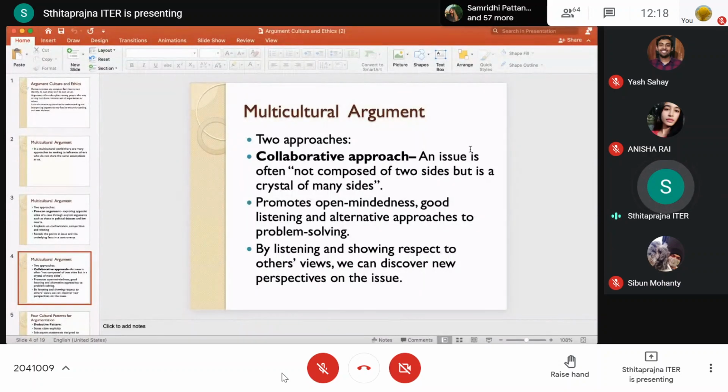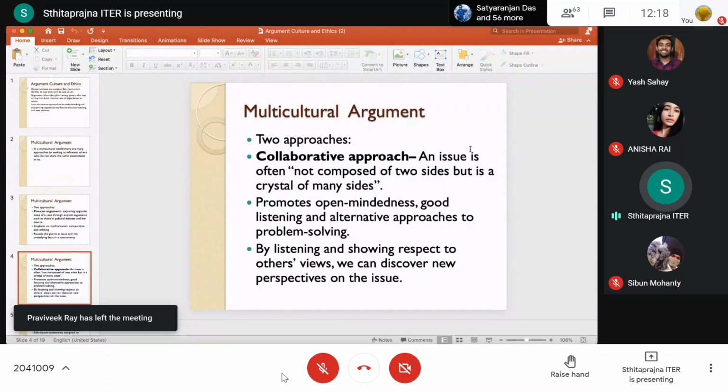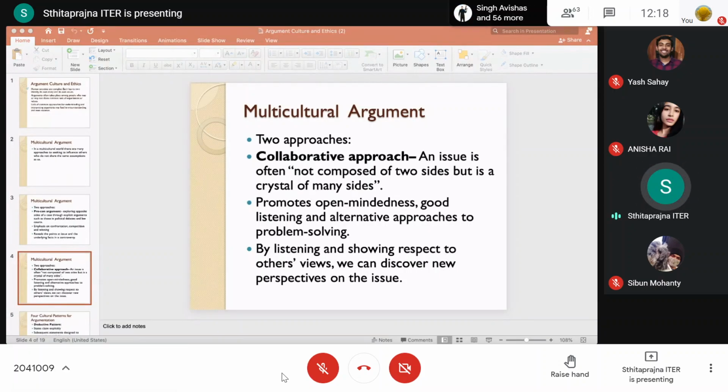So this promotes open-mindedness, good listening, and it also shows that you respect others' views. And by doing so, the most important thing is eventually we discover new perspectives on the issue. Because good listening, not all great ideas come from within, isn't it? And I think your class, especially, your class must practice good listening.